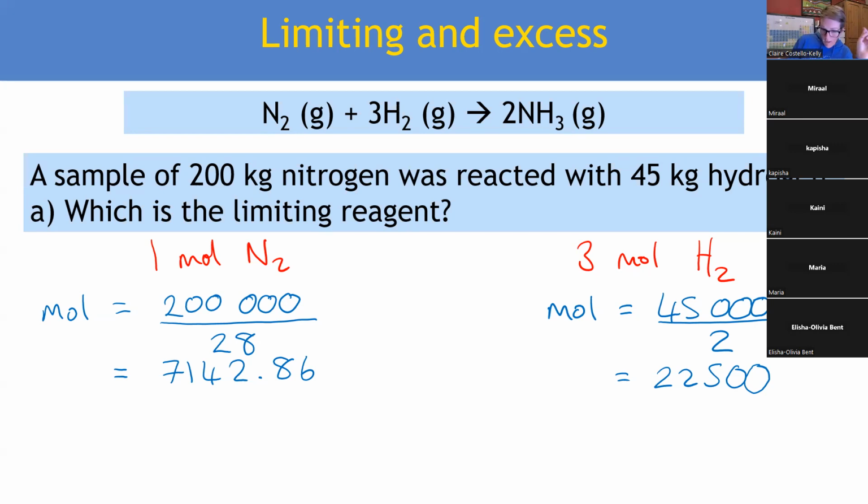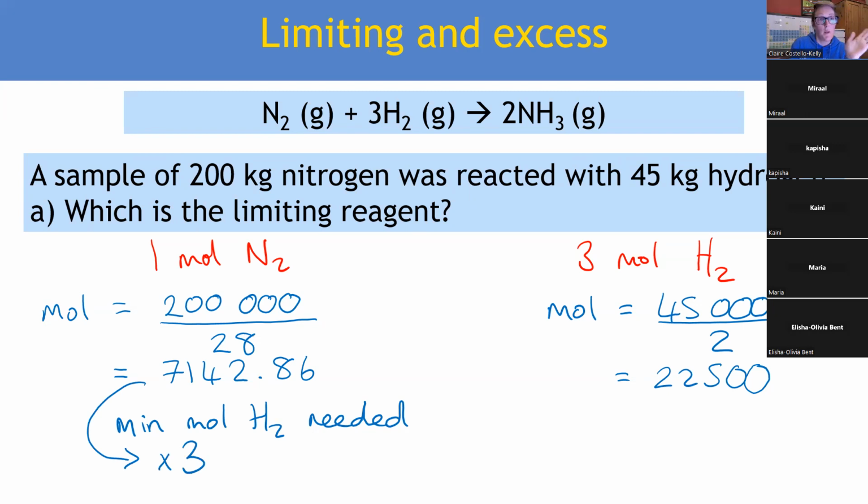What I'm going to say is how much hydrogen, what is the minimum amount, minimum moles of H2 needed to react with that. So I look at the balanced equation. I take 7,142.86 and I times it by 3 because it's a 1:3 ratio.